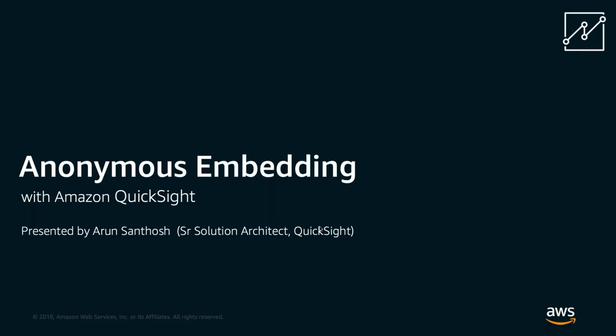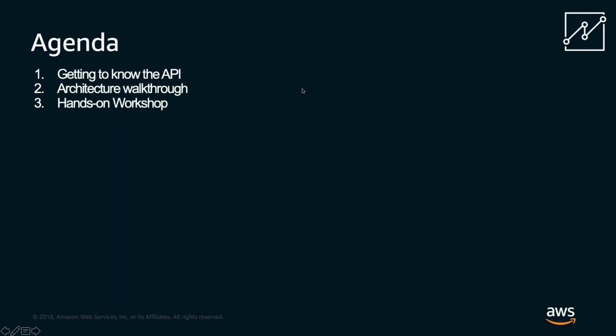So today we'll be talking about anonymous embedding with QuickSight. Like Jill mentioned, we will cover the new APIs that were released, as well as an exciting new feature, row-level security with anonymous embedding. So let's move forward on this.